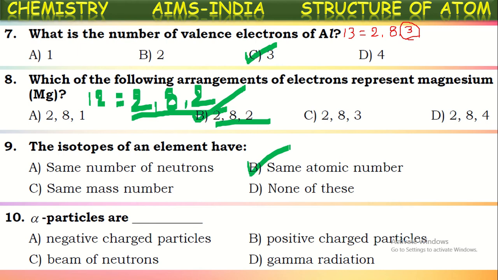We can say alpha particles are positively charged particles because they are a bunch of two protons and two neutrons. Because of the presence of two protons, these alpha particles carry 2 units of positive charge.